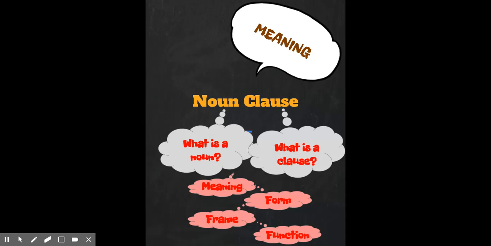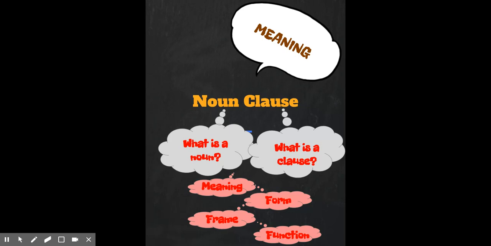They can be appositives, things that rename the noun to clarify. And some jobs we haven't learned yet that nouns can do are an object complement, a noun phrase modifier, and an adjunct adverbial. Okay, well, that sounds really fancy, but we're not going to worry about that right now.